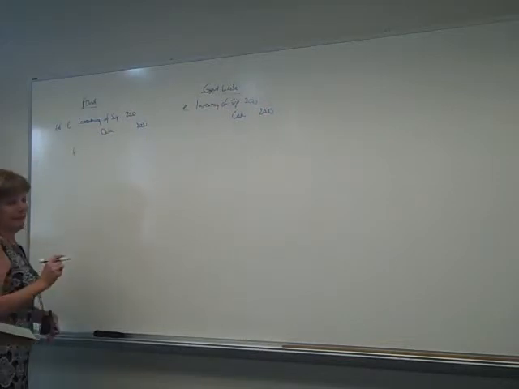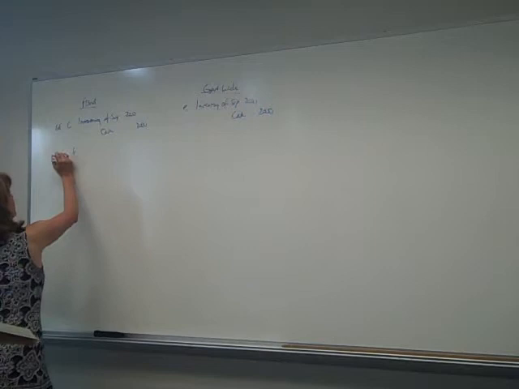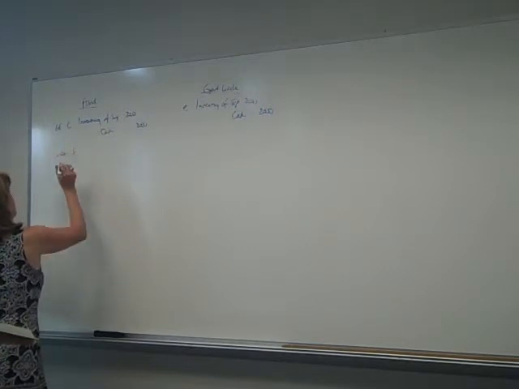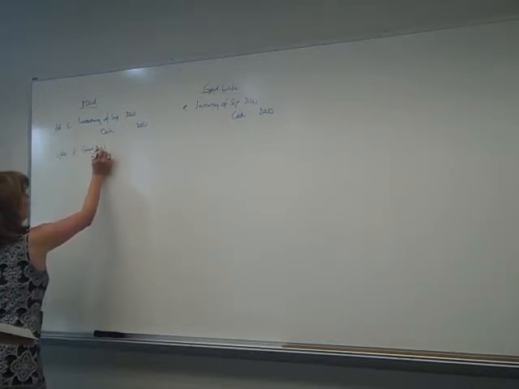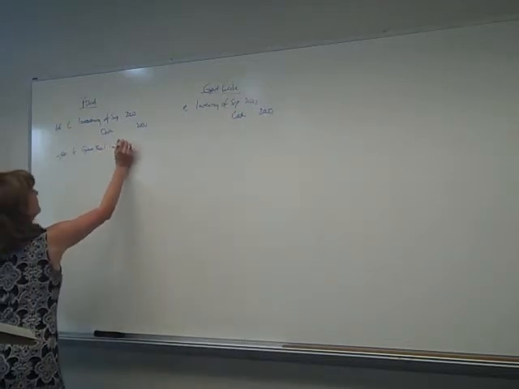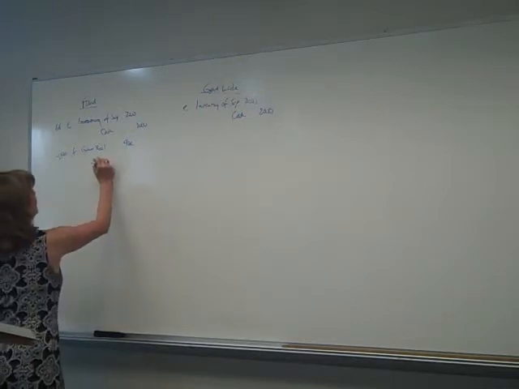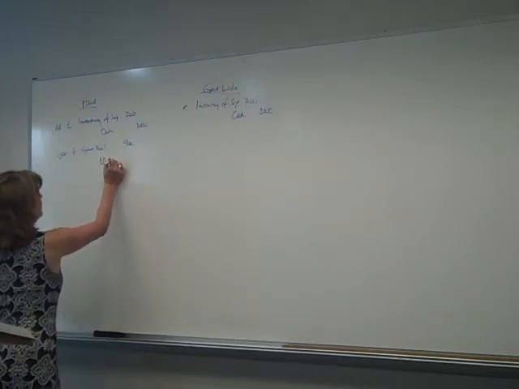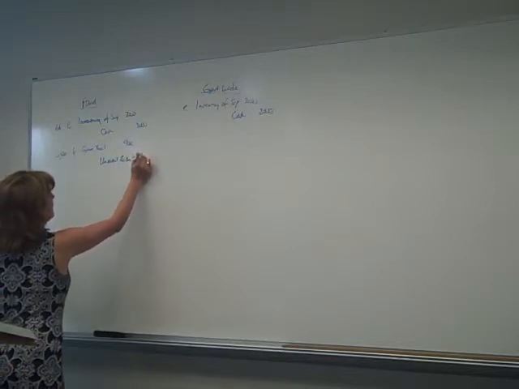The police activity is often in the general fund, but this is a special revenue fund, which is a governmental fund. We're going to debit grant receivable, $90,000, and credit unavailable grant revenue, $90,000, because we haven't received the money yet.